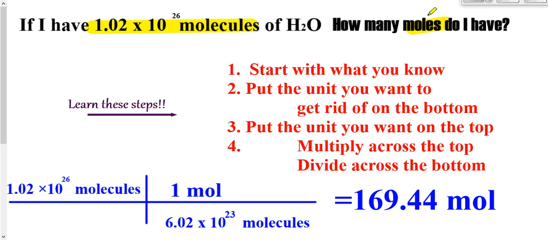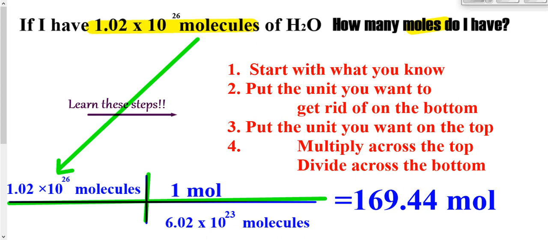Like with any question, start with what you know. Start with the value that they gave you in the question. This question gives us a starting point of 1.02 times 10 to the 26 molecules. So that's going to be my starting point. I'm then going to draw a big long line and cut it off.